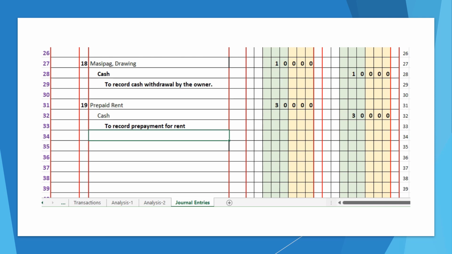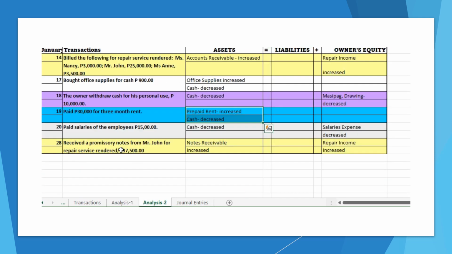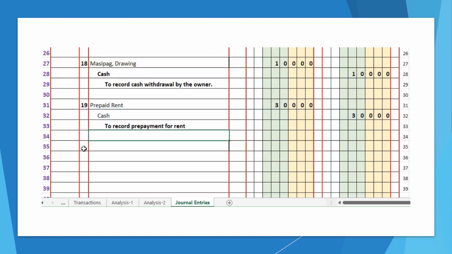Okay, how about salaries expense? Correct. Okay. So, paid salaries, 15,000. Therefore, our entry would be debit, salaries expense, for 15,000. Okay?